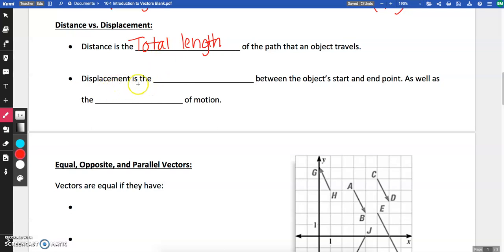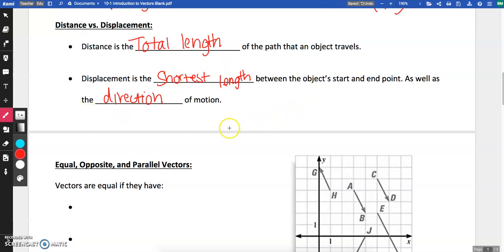On the other hand, displacement is really what we're looking at with vectors, and displacement would be the shortest length between the object's start and end point, as well as the direction of motion. So that's where a vector comes into play.